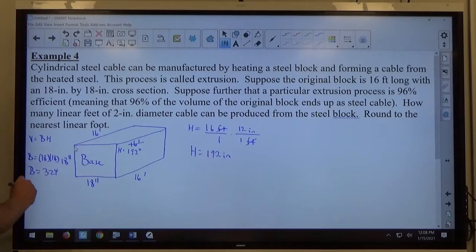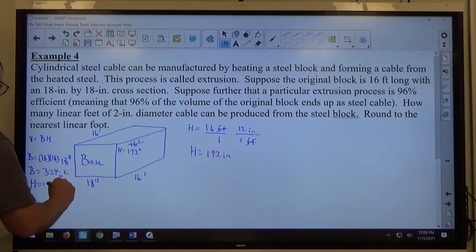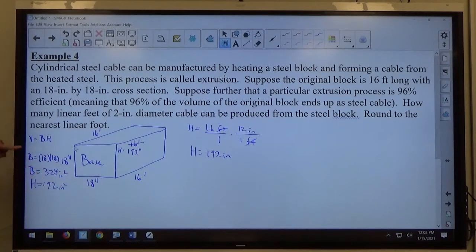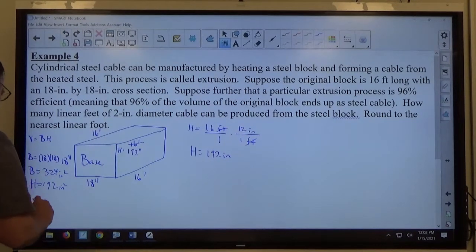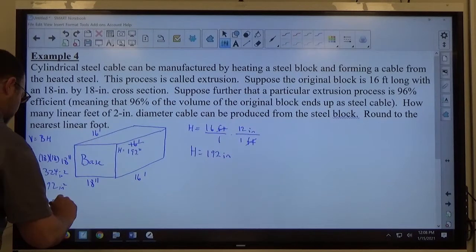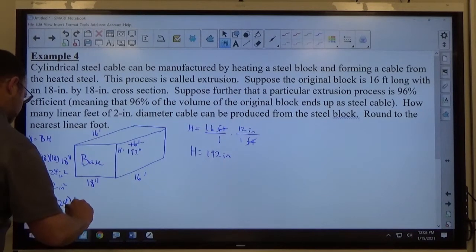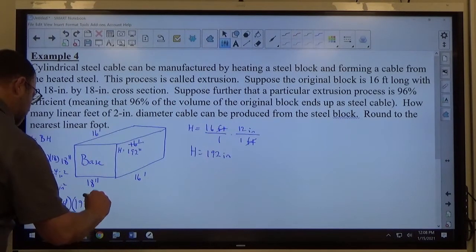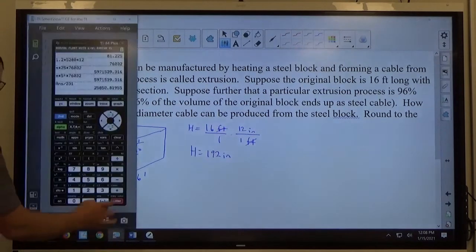The height is 192 inches. If I multiply these together, I'm going to get the volume in cubic inches. So the volume of this piece of steel is 324 times 192 inches cubed.